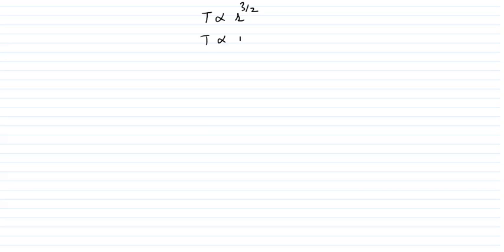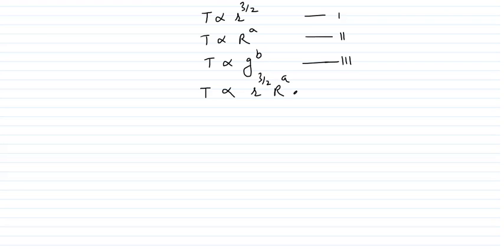Second, T is proportional to R raised to power A, and third, T is proportional to G raised to power B. We do not know what the powers are. So when we combine these three equations, we get T proportional to R raised to 3 by 2, R raised to A, G raised to power B. When the proportionality is removed we get a proportionality constant, so T equals K R raised to power 3 by 2, R raised to power A, G raised to power B. Clear?